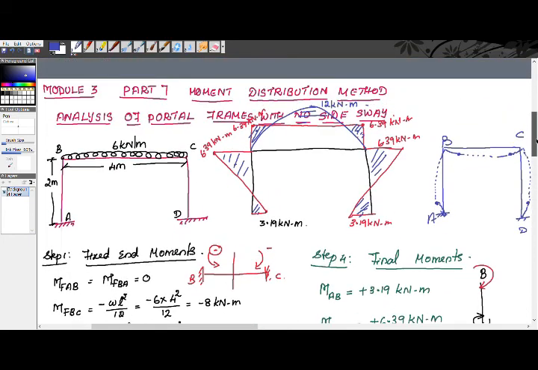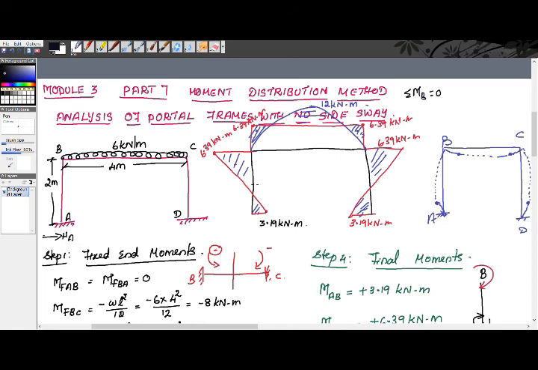Now see, how will we determine the horizontal reaction at A and D? In order to find the horizontal reaction at A and D, we will take the moment about B. So when we are considering moment at B, sigma MB is equal to 0, we will consider this as HA.